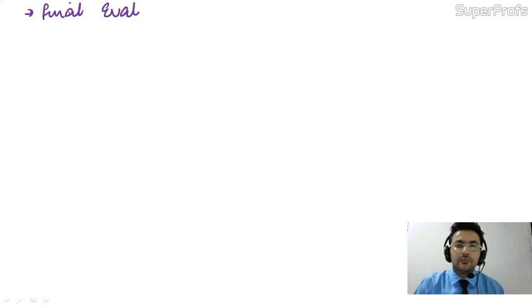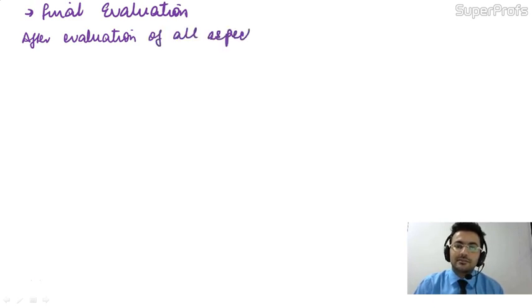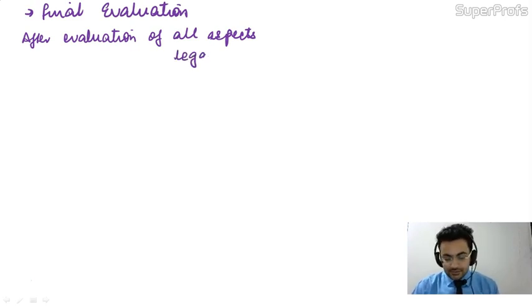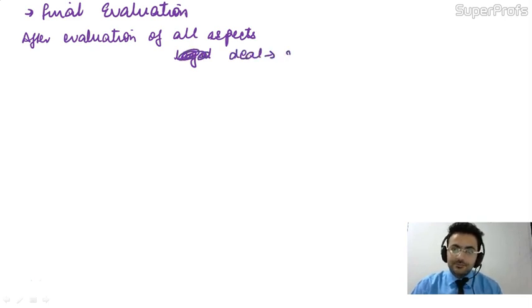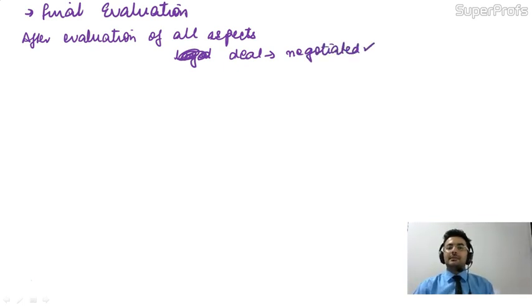So let's go ahead. Let's talk about the very last point, which is final evaluation. It says, after evaluation of all aspects, I mean not legal, when the deal is negotiated, the legal process has been completed.